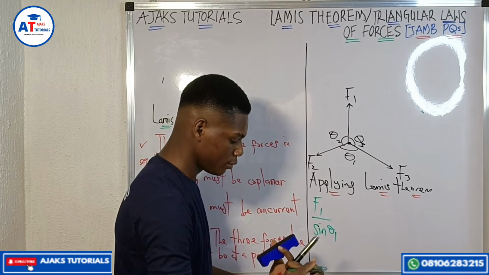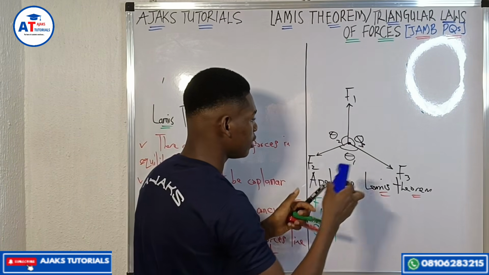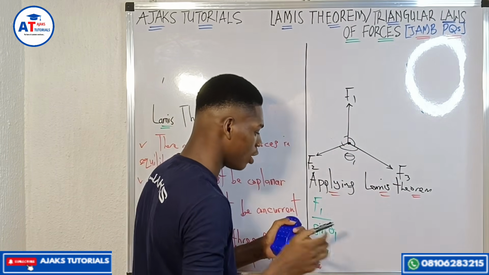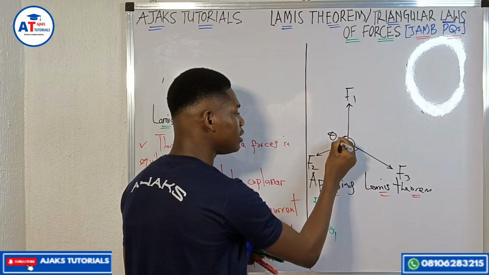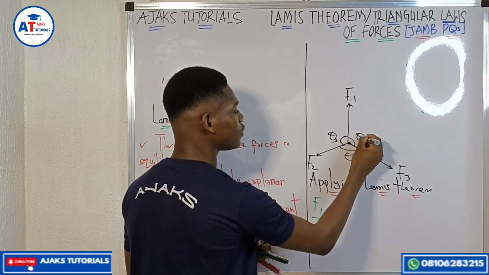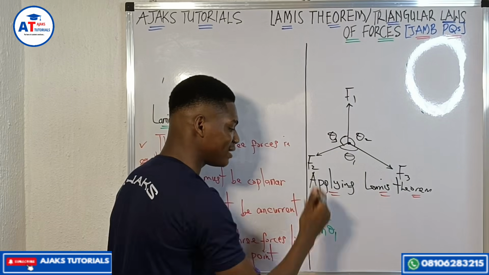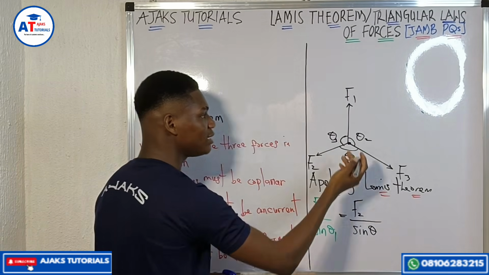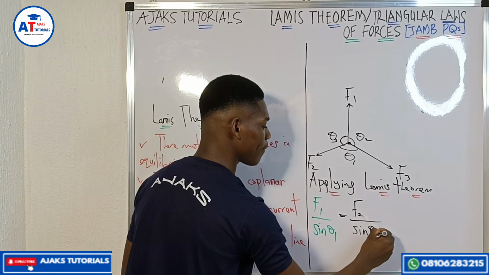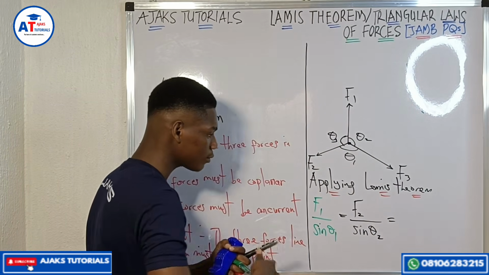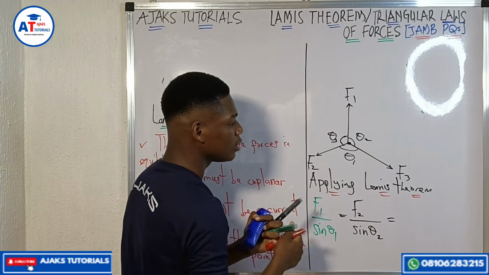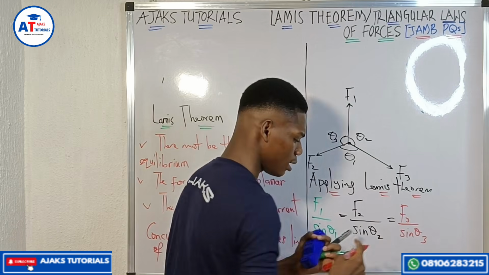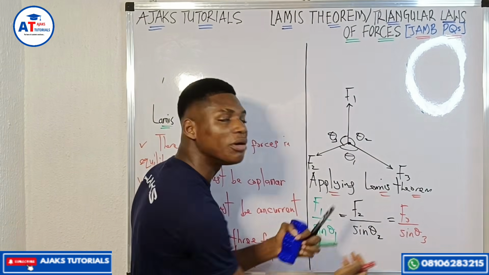To avoid confusion, let's name this theta 2 and this theta 3. So F1 over sine theta 1 equals F2 over sine theta 2, equals F3 over sine theta 3. I hope this is clear. This is Lami's theorem.